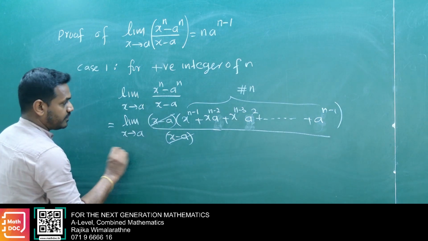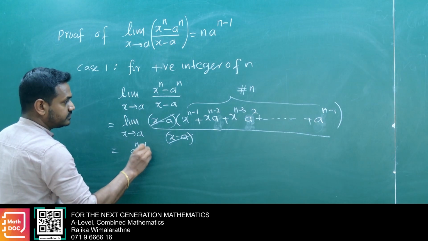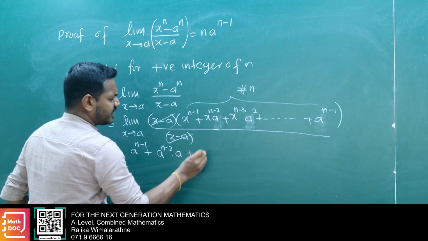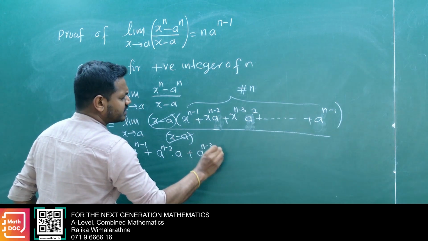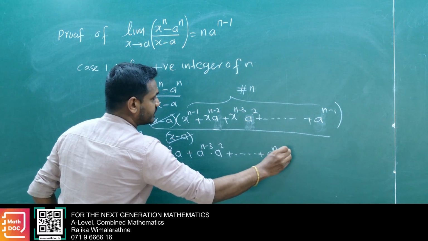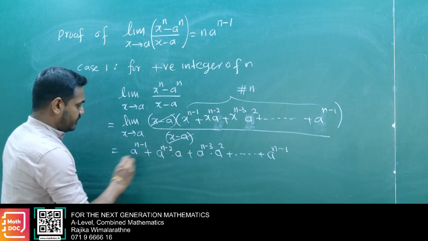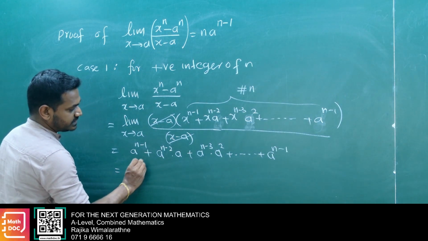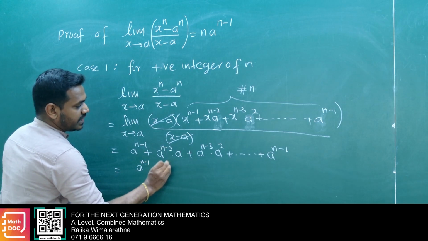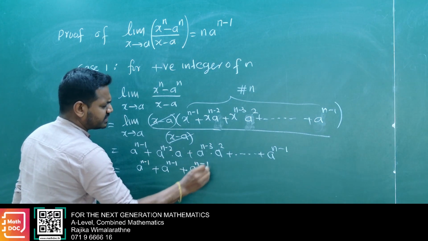Substitute: a to the power n minus 1, a to the power n minus 2 times a, a to the power n minus 3 times a square, it goes like that up to a to the power n minus 1. You have to put at least 3 dots here because it is a series. Now when you check, a to the power n minus 1, add indices, again a to the power n minus 1, and so on.